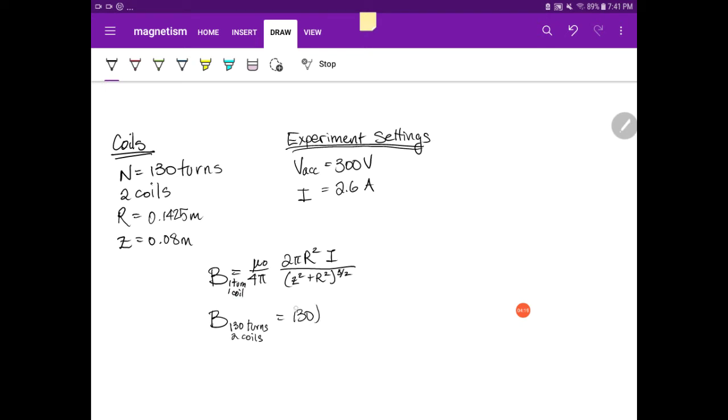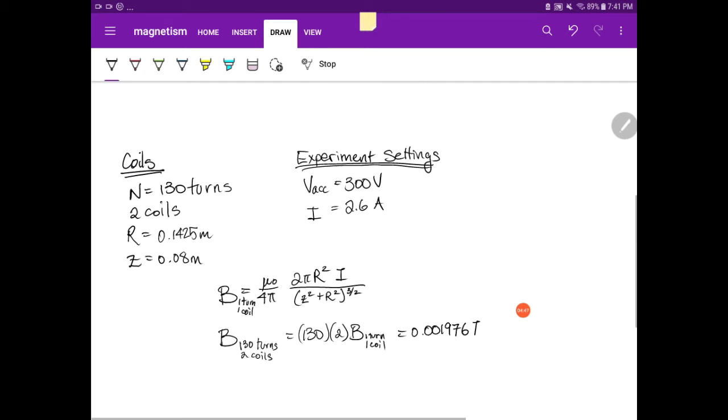We would have to multiply 130 times 2, because the coils have a current that make the field additive, multiplied by the one turn, one coil magnetic field. And if we calculate that for these parameters, we get 0.001976 Tesla. So now we know the magnetic field.